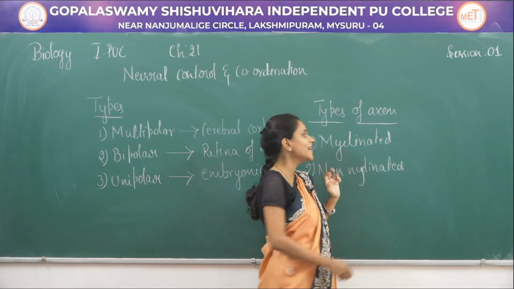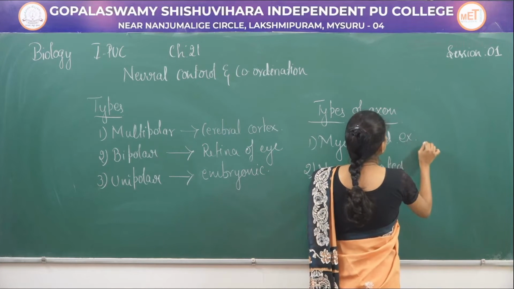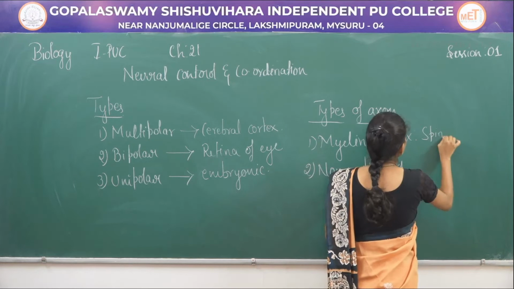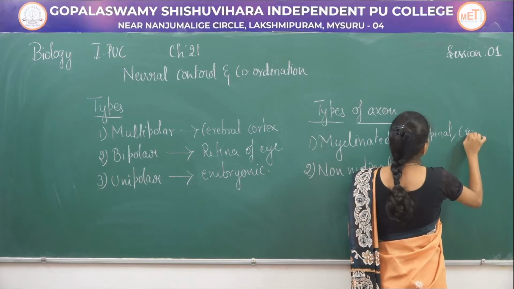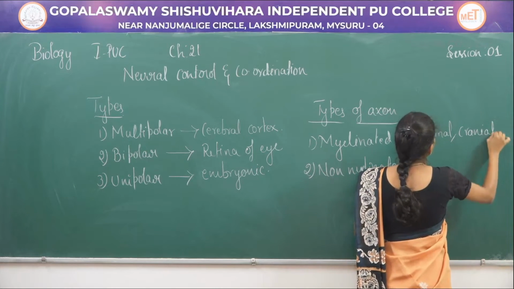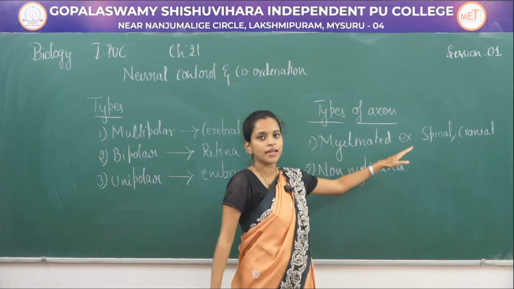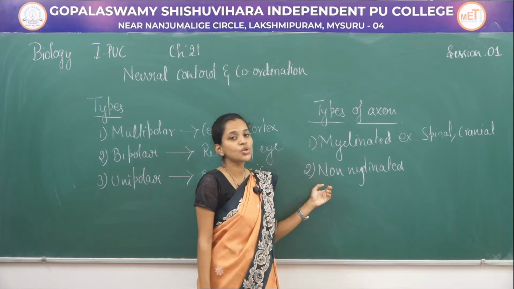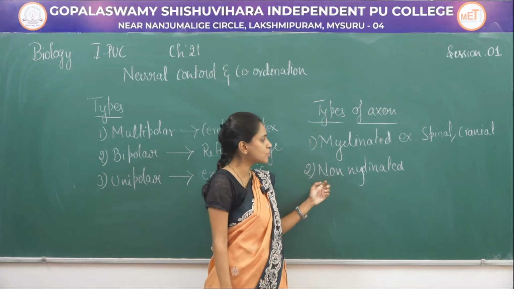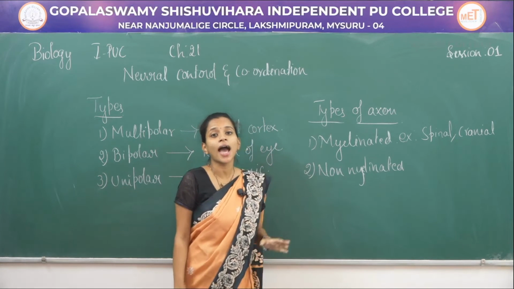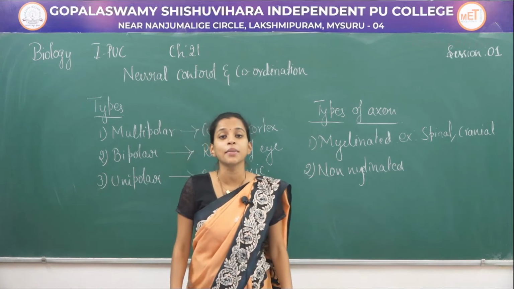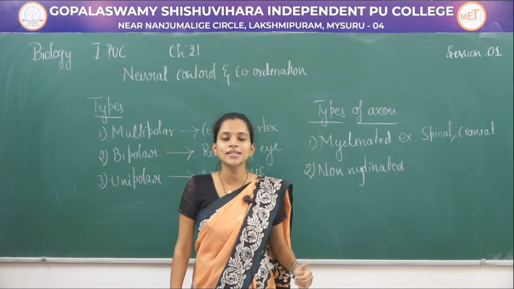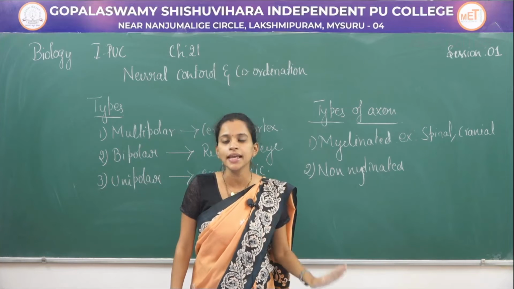You can identify these in the spinal cord or cranial nerves. Next, when it comes to non-myelinated axons, the axon does not have any myelin sheath or Schwann cells, and the node of Ranvier is completely absent.